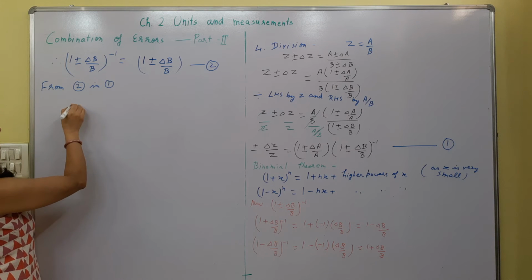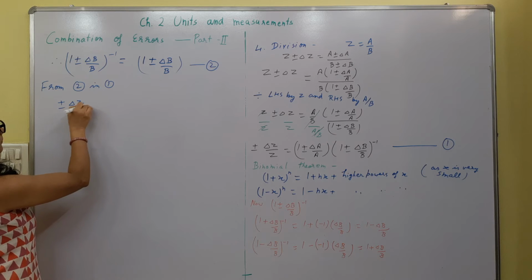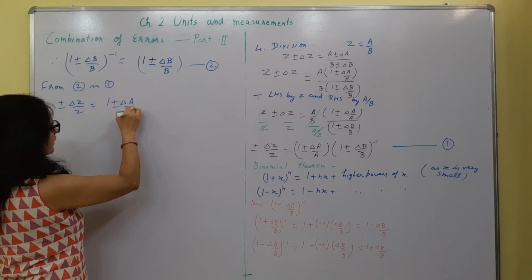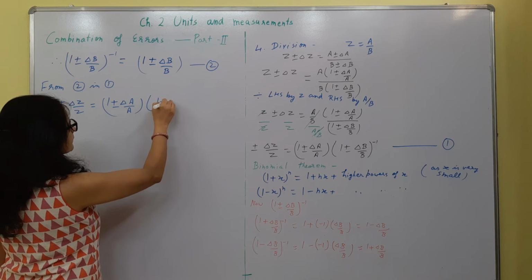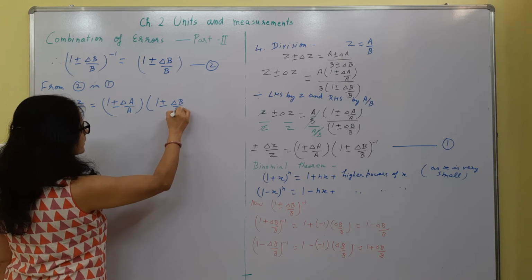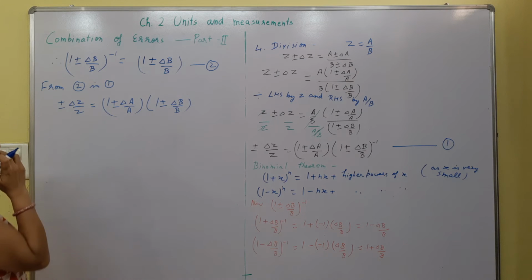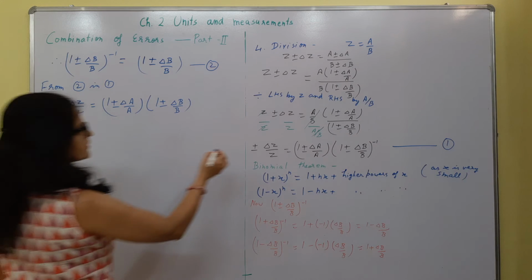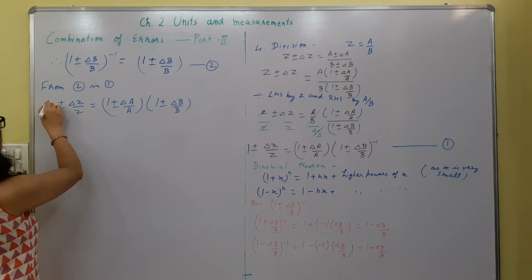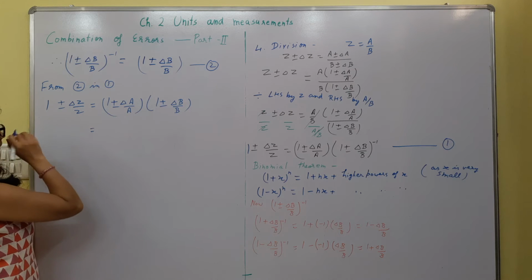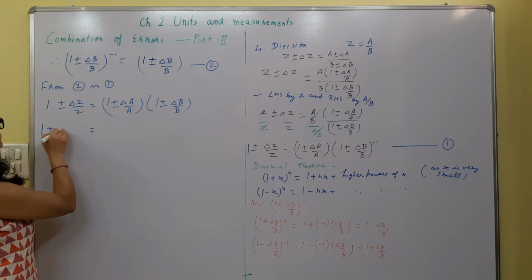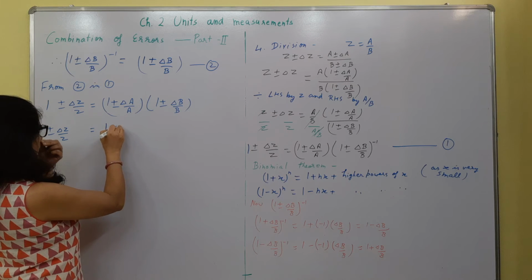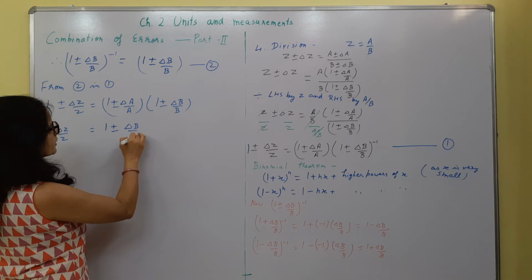I will write 1 ± Δz/z is equal to (1 ± Δa/a) into (1 ± Δb/b). This can be multiplied. Here this 1 is left. So 1 will be multiplied to this, which will be 1 ± Δb/b.